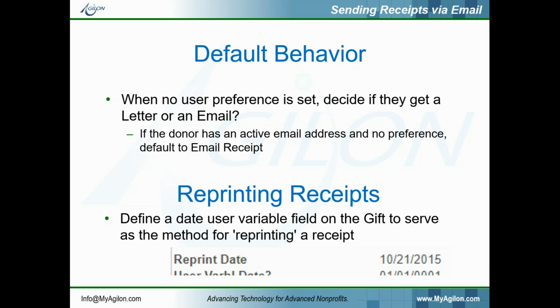running. So we have this relay job that runs every day and sends out the receipts via email. We have another job that's running every day and producing the printed letters.